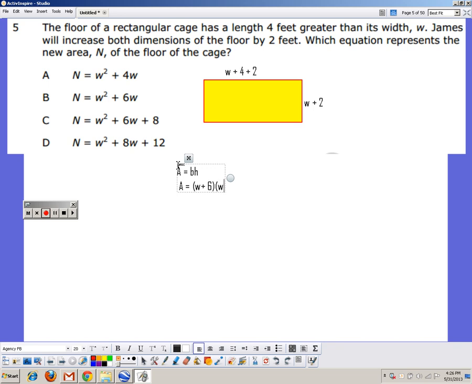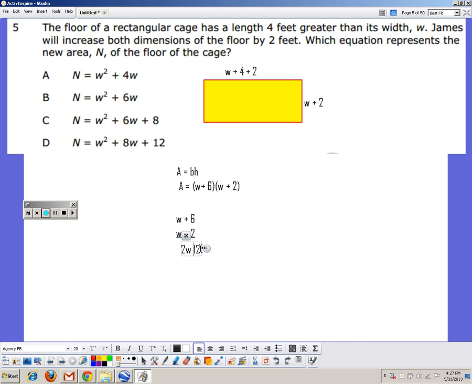times W plus 2. Now we're going to multiply this. So I'm going to rewrite it 1 on top and 1 on the bottom, and go ahead and multiply it in that manner. Okay, so 2 times 6 is 12, and 2 times W is 2W.